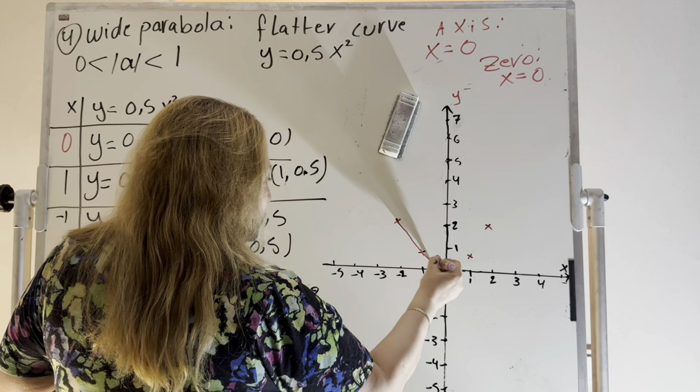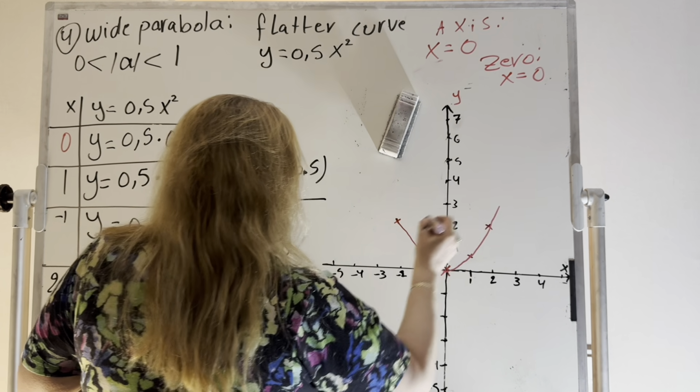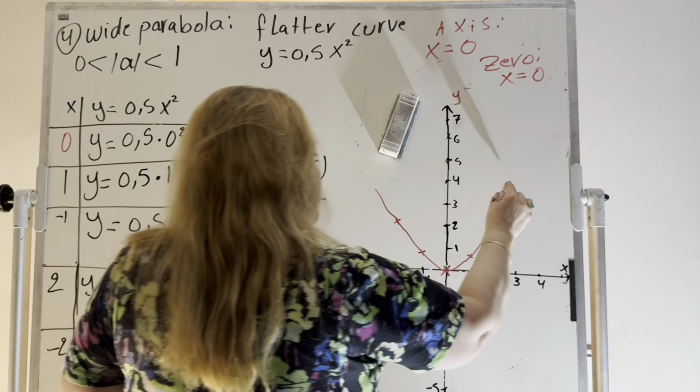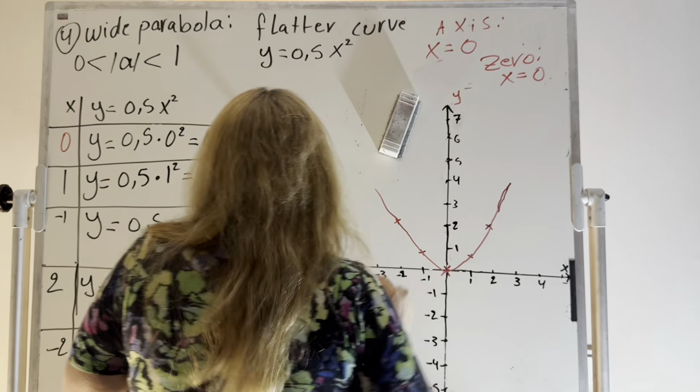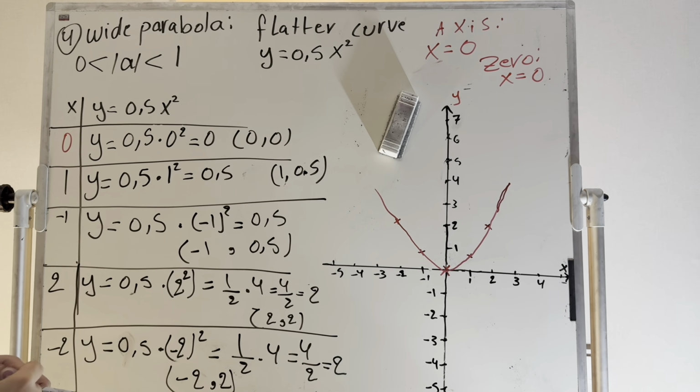And when I draw the curve, I can see it looks wider than example 3, when a was bigger than 1. Now a is smaller than 1 and bigger than 0.